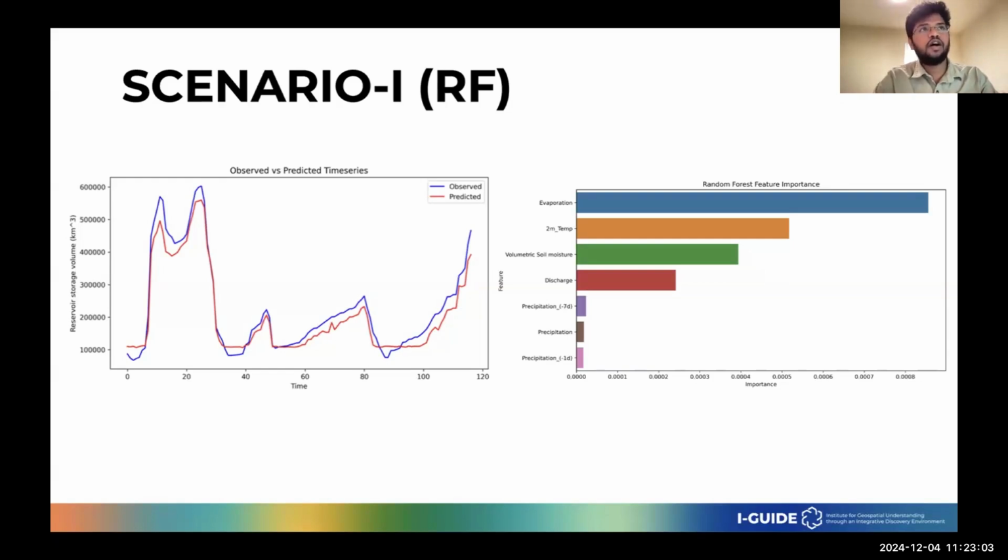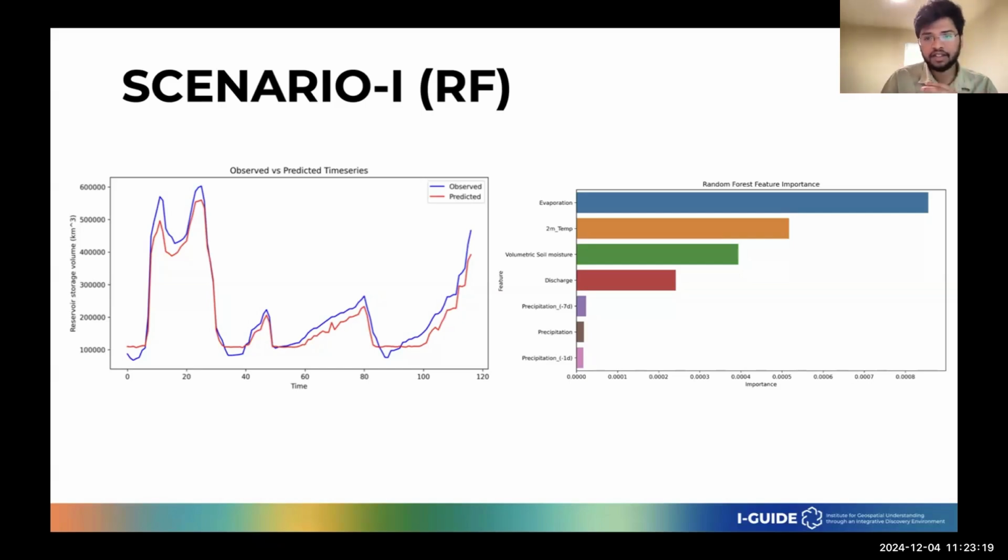Another thing is we tested both models on both scenarios to see which of the two scenarios works better, or works standalone.